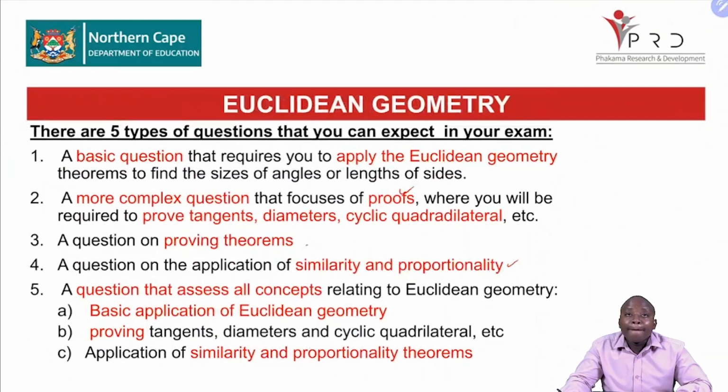That is to say, this question will contain a basic application of Euclidean geometry. It will contain the more complex question whereby we are dealing with the proving of tangents, diameters, and cyclic quadrilaterals, etc. And also this question will contain the application of similarity and proportionality. So the last question deals with all those types of questions that we had there.